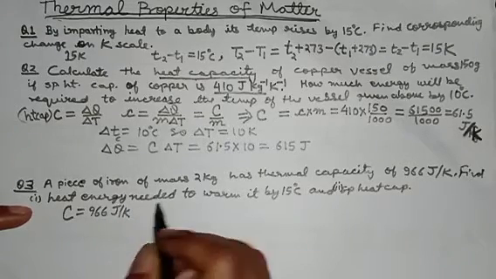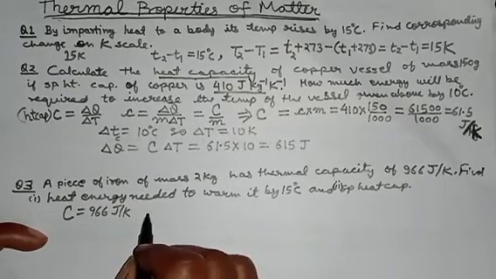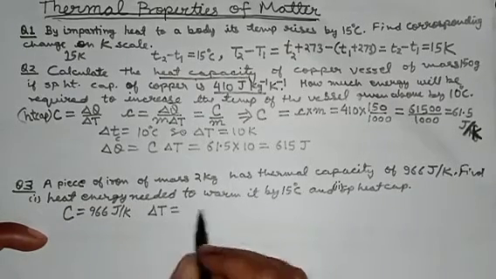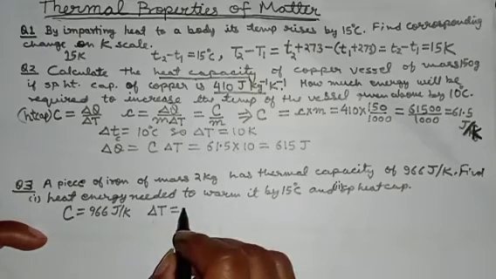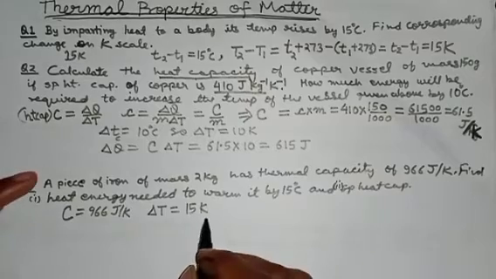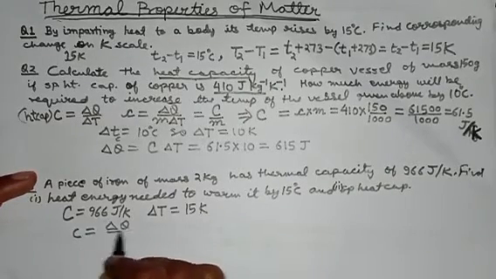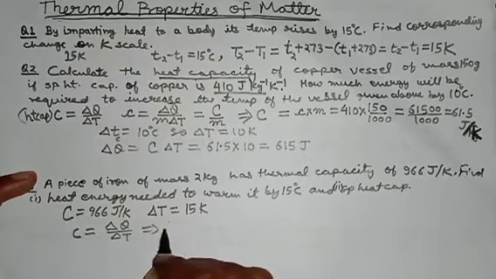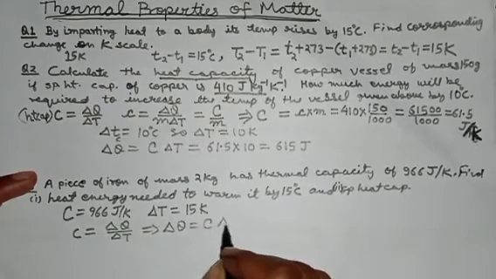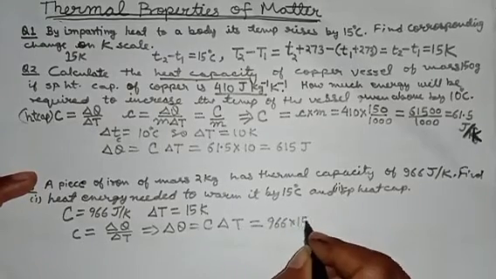Mass is given, later on we require it. Delta T is directly 15 Kelvin. We know C equals delta Q by delta T, so delta Q equals C delta T, which is 966 multiplied by 15.